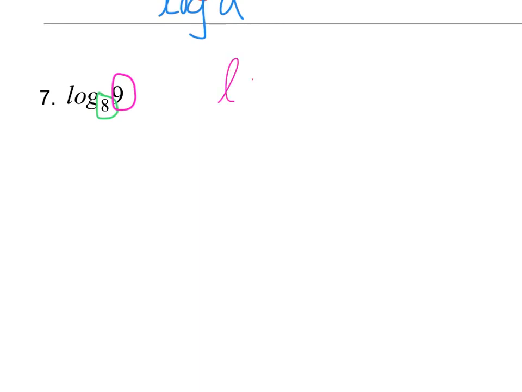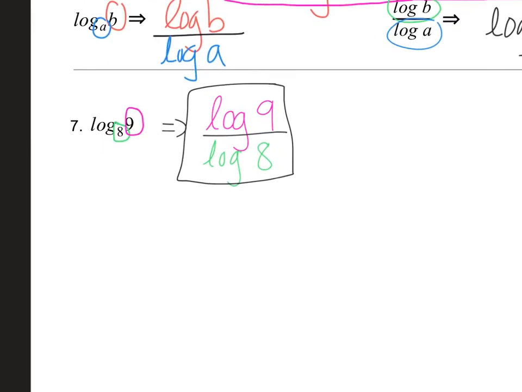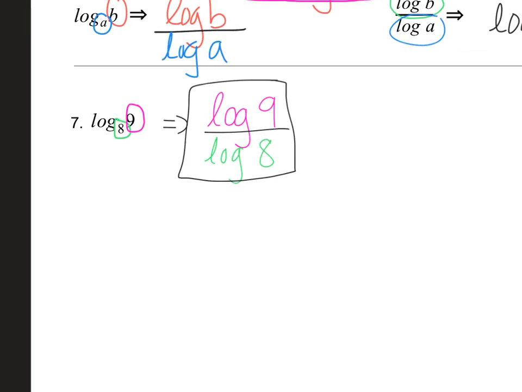So let's write that out. We've got log of 9 over log of 8. Simple as that, right? Same thing. And if you put that in the calculator, log of 9 over log of 8, you are going to get 1.06.